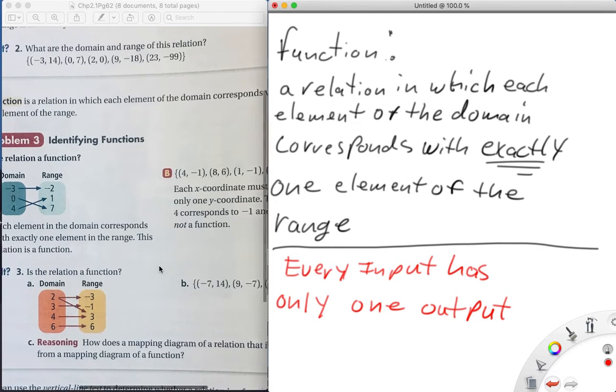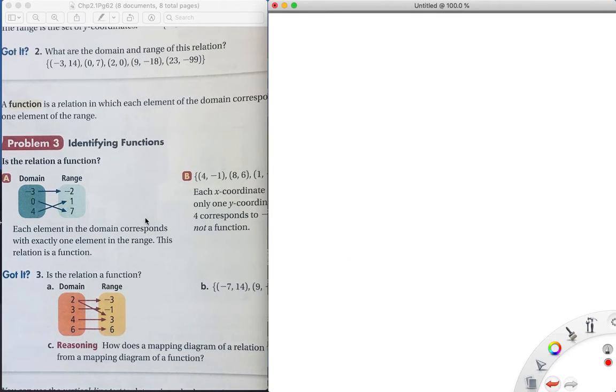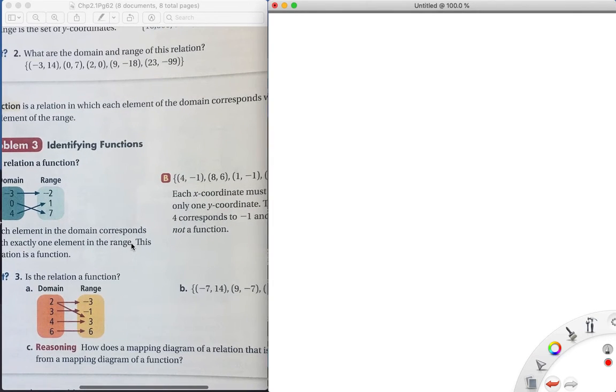They give us an example. Looking at example A, I have my -3 to -2, so that's exactly 1. I have 0 to 7, exactly 1. 4 to 1, exactly 1. Each domain has exactly one output, or one range. So that is a function.